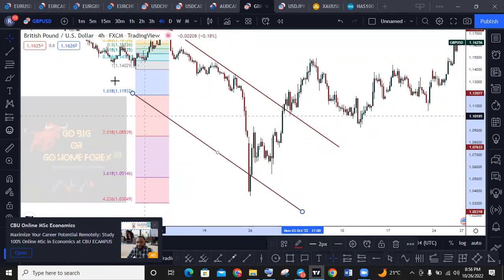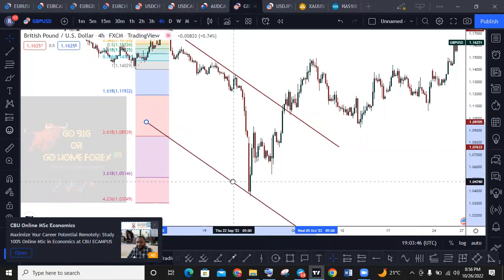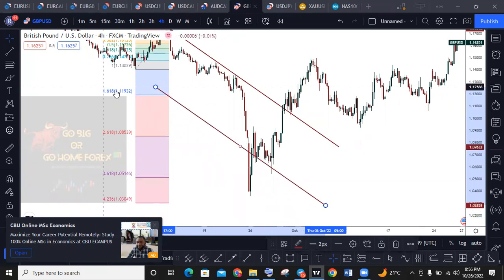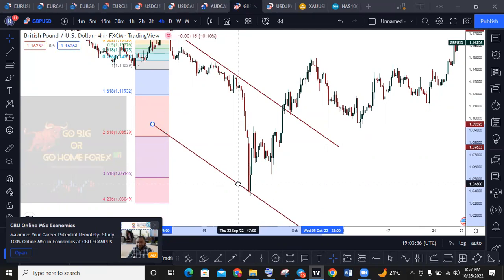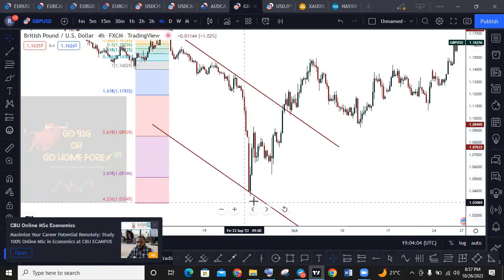Let's look at this. When the ratio was 1.618, price did not reverse from this line here. But if we try to put it on the second line, we used this one here, 1.618, price pierced this line. But when we insert this same sloped line at 2.618, you can see that it was able to capture this movement here.